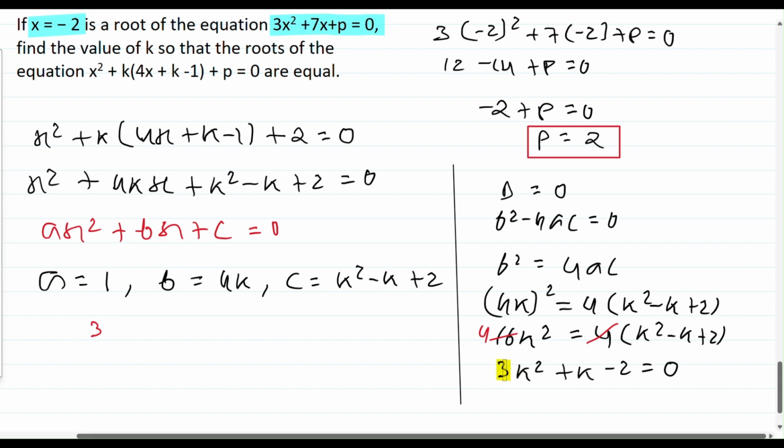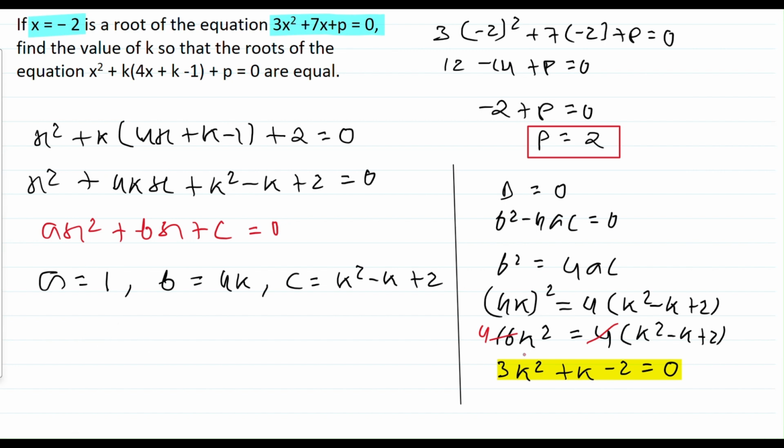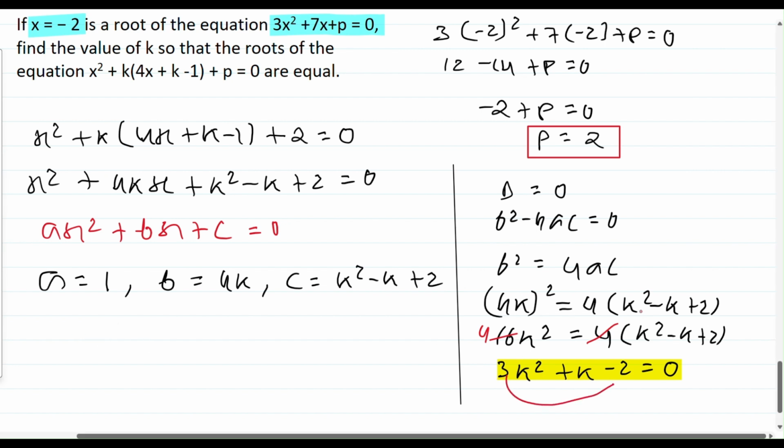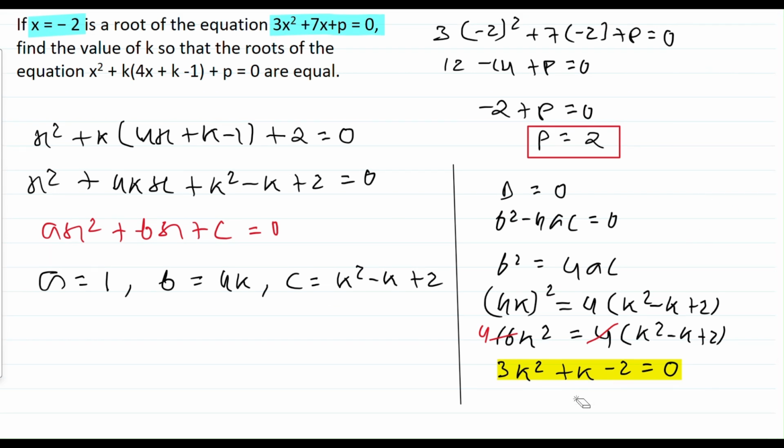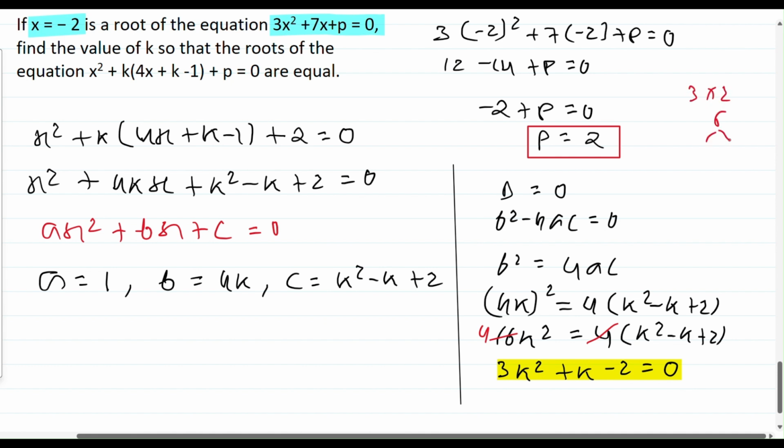The next thing we are going to do is to factorize this to get the value of k. So we'll be doing middle term splitting here. From the factors of 6, we need to get 1. So 3 into 2 is 6, and we can split it as 3k minus 2k.